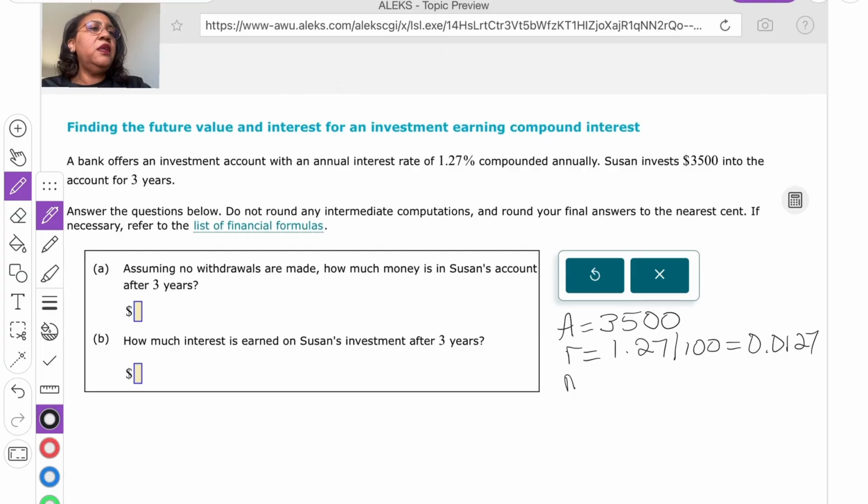And the N is, it says annual, so annual interest rate. So the N is 1 and the time is for 3 years.